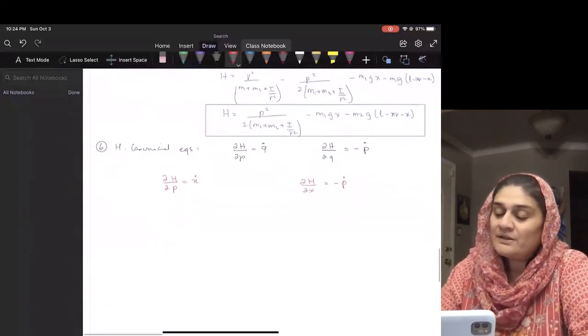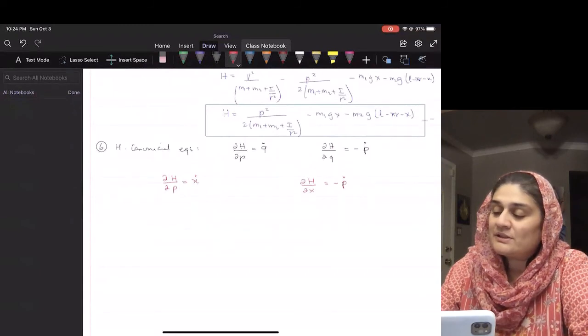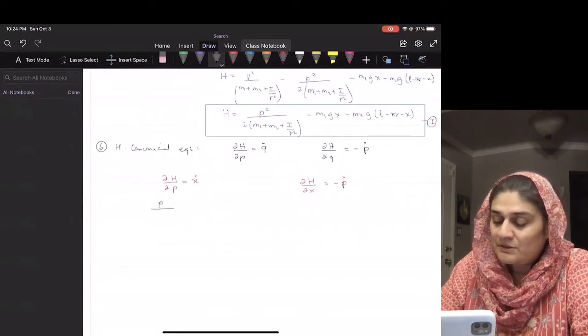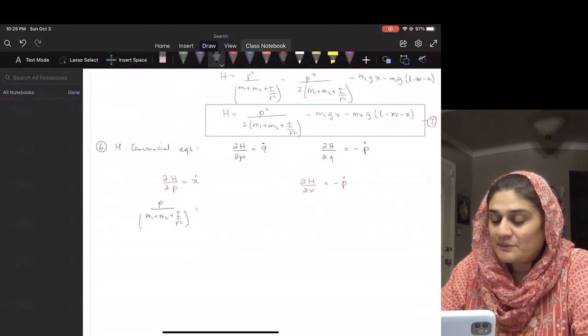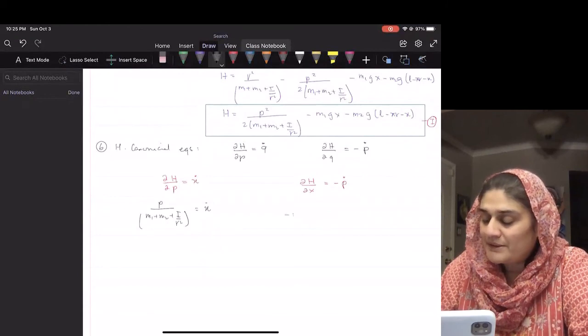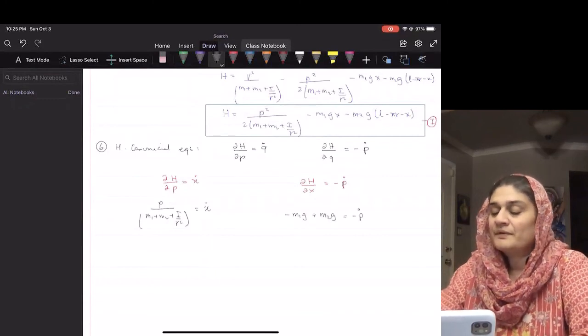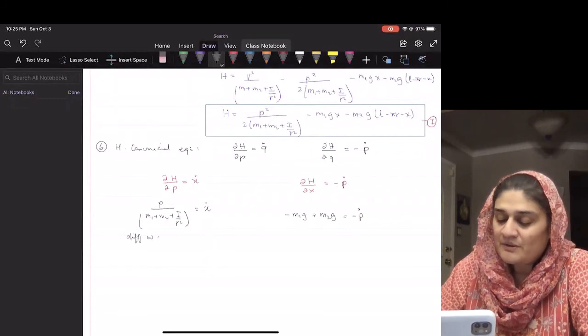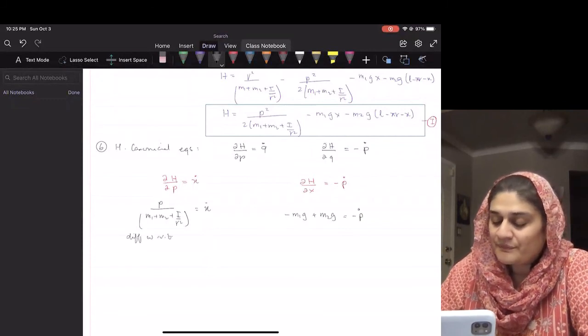So if I use equation here, which I'm calling equation 1, what will I get? P over (M1 plus M2 plus I over R squared) equals X dot, and minus M1 g plus M2 g equals minus P dot. So coming over to this side, can I differentiate with respect to time? So what will I get?